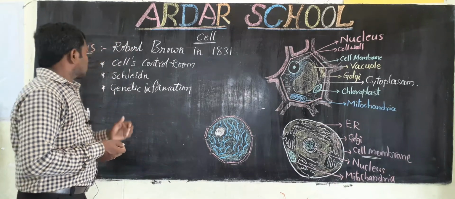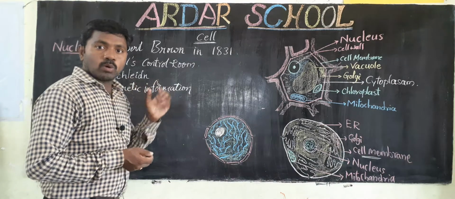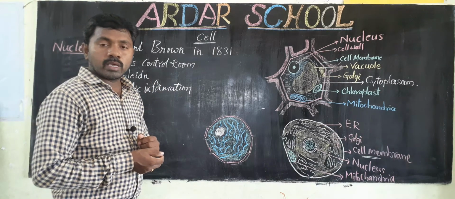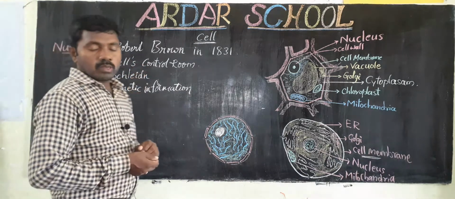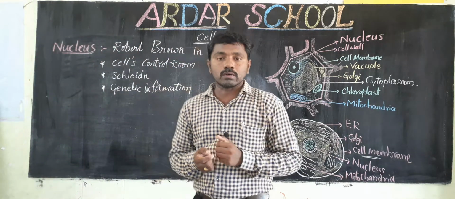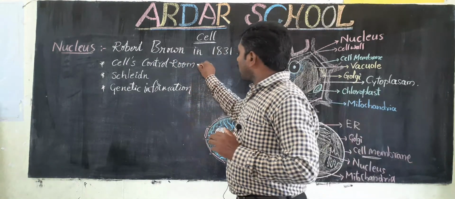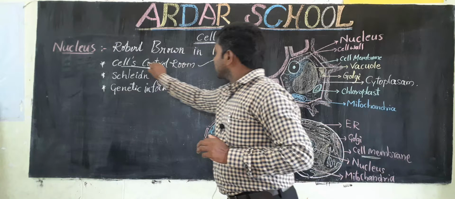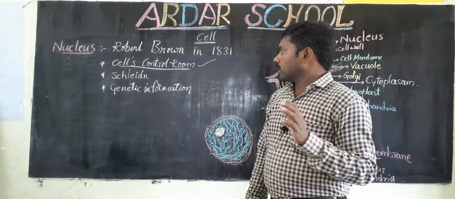After that, we came to know that the nucleus plays a key role. That's why it is the cell's control room. Most of the cell functions depend upon the nucleus. That's why we call the nucleus the cell control room.